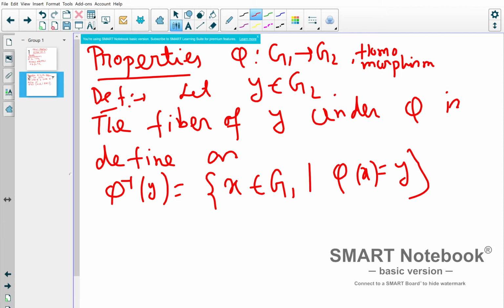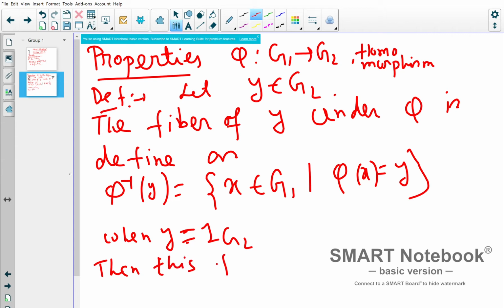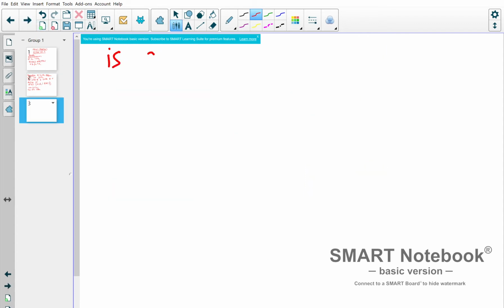There is a very nice case, particularly when y equals the identity of G2. Then this fiber has a name: it is called the kernel of phi.